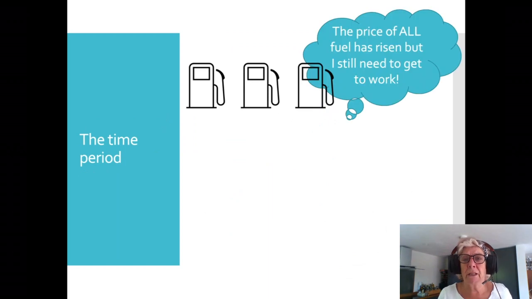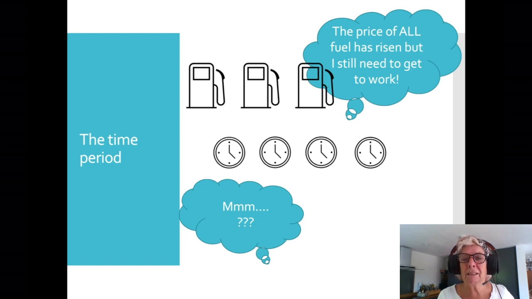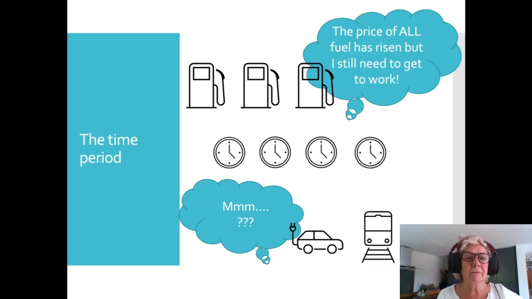The time period is also important. Let's go back to our imaginary fuel. Imagine if the price of all fuel has risen. I still need to get to work, don't I? So I'm still going to have to buy fuel in order to get to work. However, as time gradually passes, I might start to think to myself, maybe I should buy an electric car.